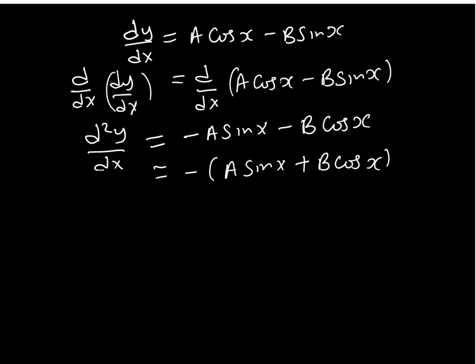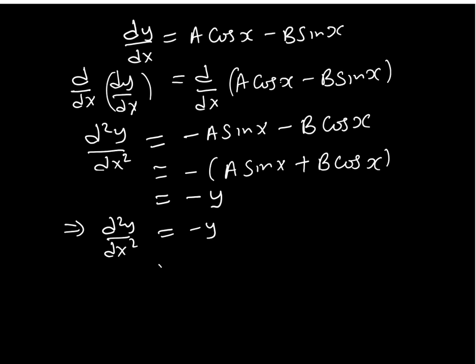Remember, we are given y is equal to a sine x plus b cos x. So when you look at this, you realize that this is a minus 1. Is it true? Yes. So our second derivative has given us a minus 1.